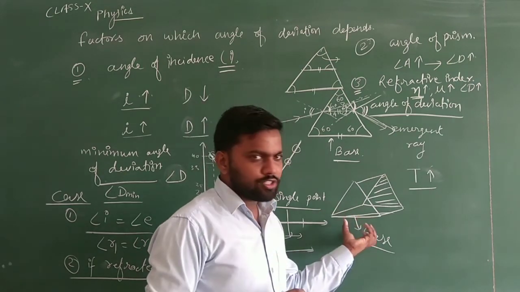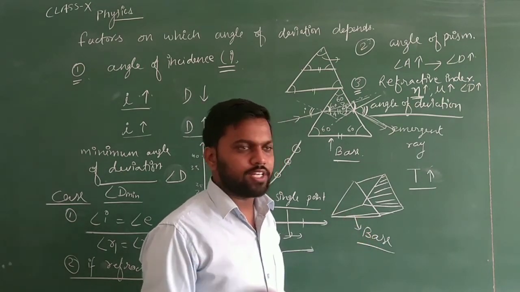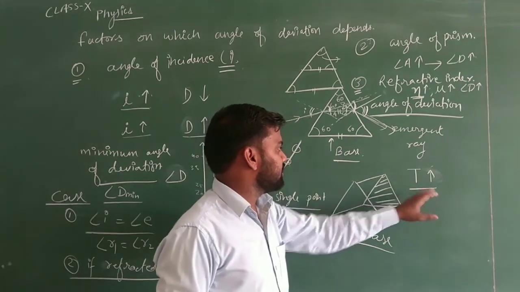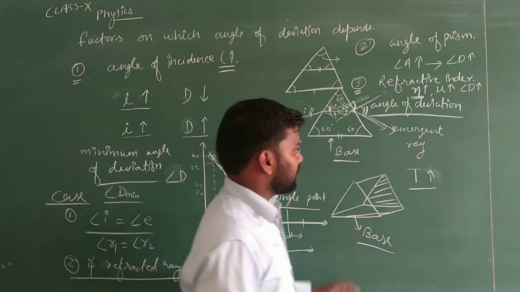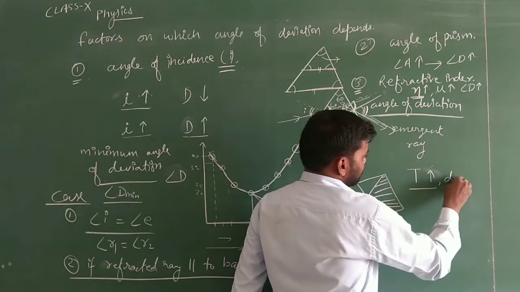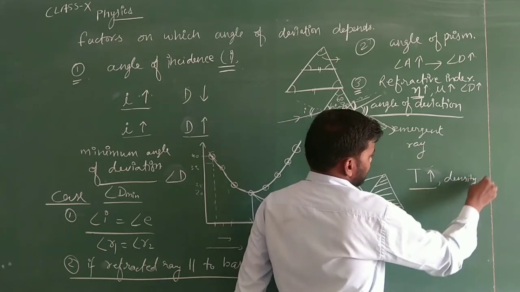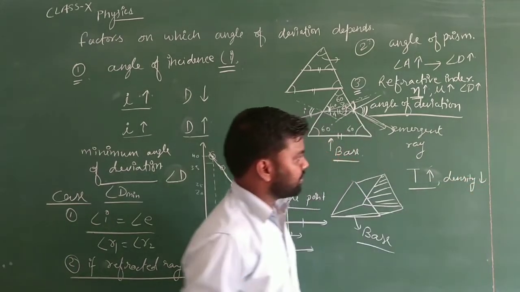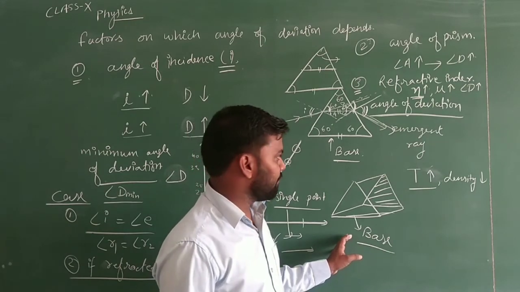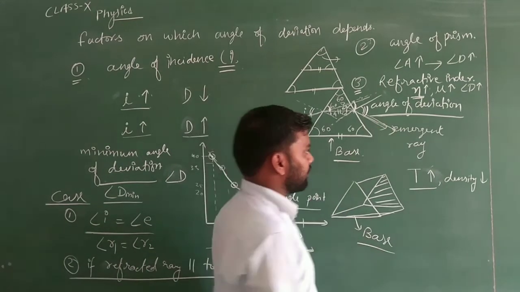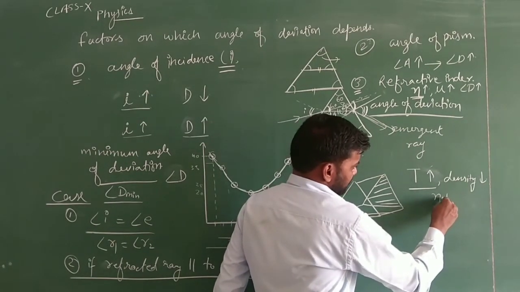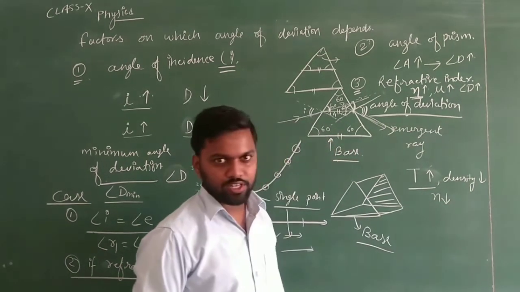Density is the closeness of particles of any substance or material. If we start increasing the temperature, definitely the density of the substance will start decreasing. If density starts decreasing, definitely it will affect the refractive index. In the result, the refractive index will also decrease.